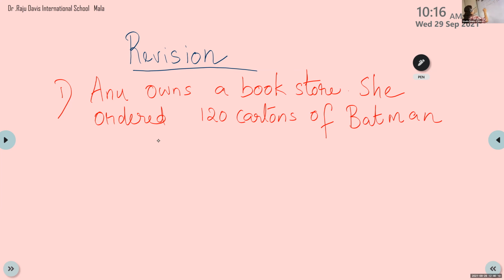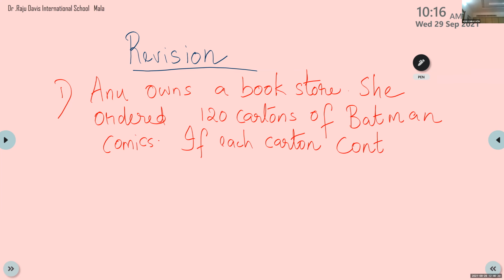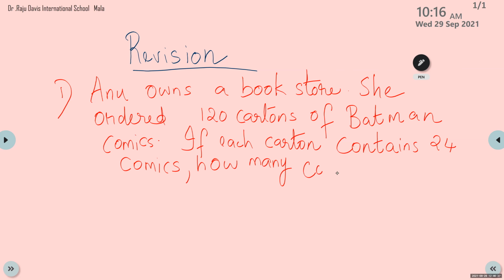If each carton contains 24 comics, how many comics did she order? Yes, write the question and write the answers with steps. How many comics did she order?